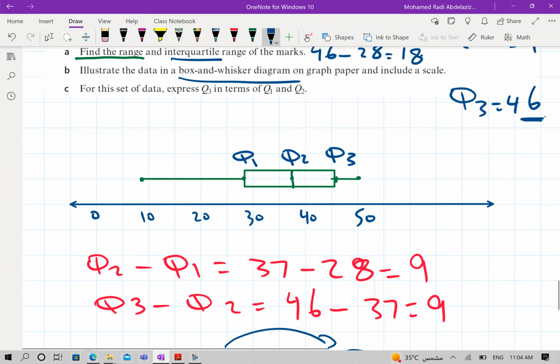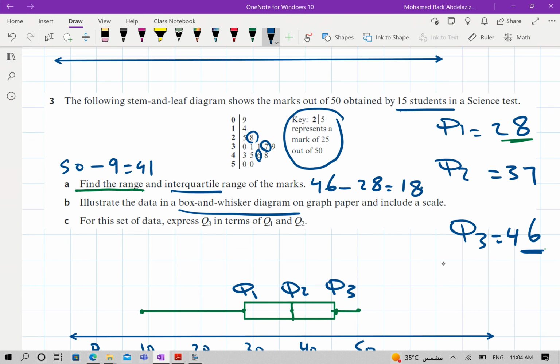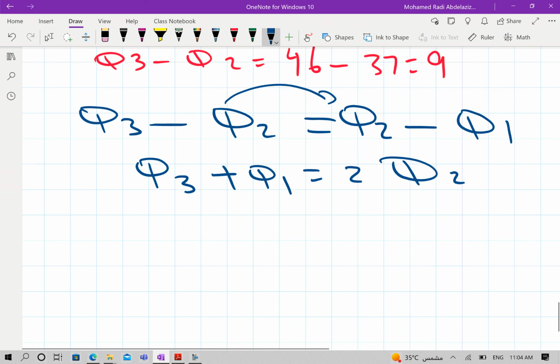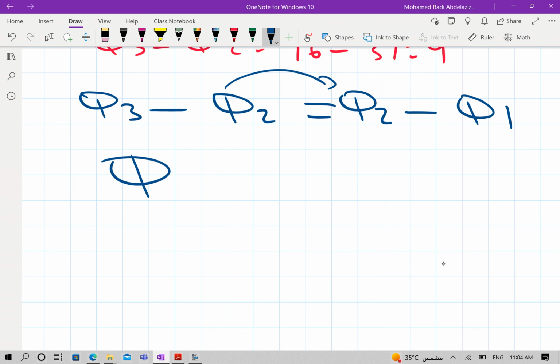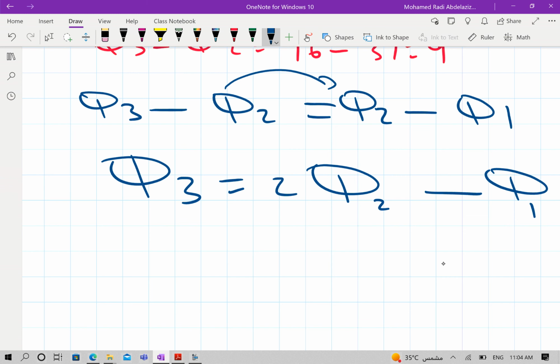He asked you to get a relation, to express Q3 in terms of Q1 and Q2. It looks like algebra. I will move Q1 across. So Q3 in terms of Q1 and Q2 will be double Q2 minus Q1. This is the relation connecting Q3 and Q1.